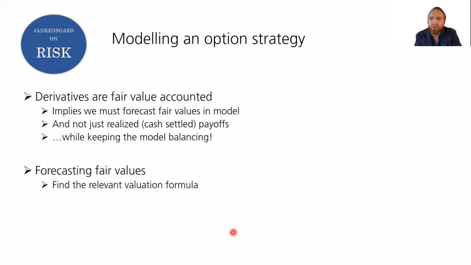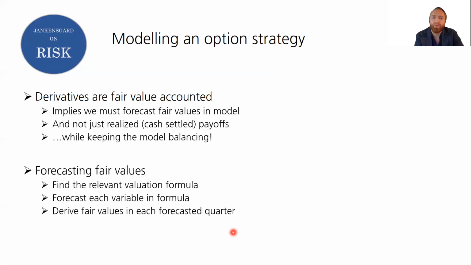As we've discussed earlier in other videos, this is about finding the relevant valuation formula and forecasting the variables that go into that formula. We've done that for forward contracts earlier. Now the time is here to do that for option contracts, right?